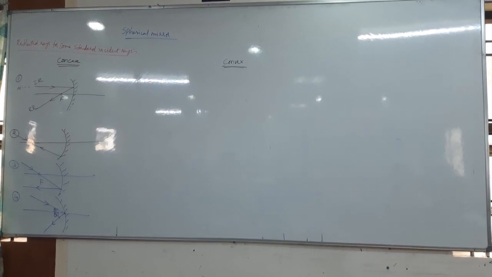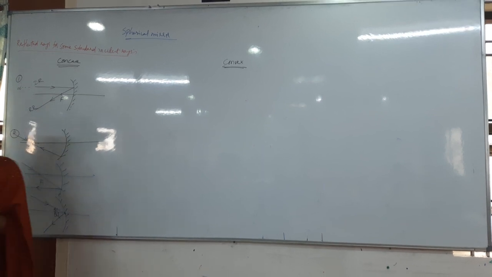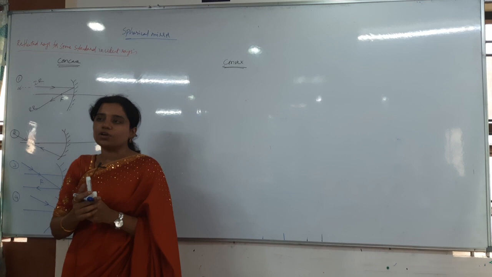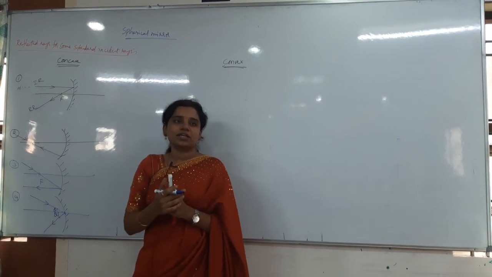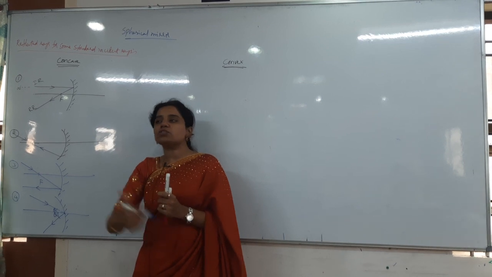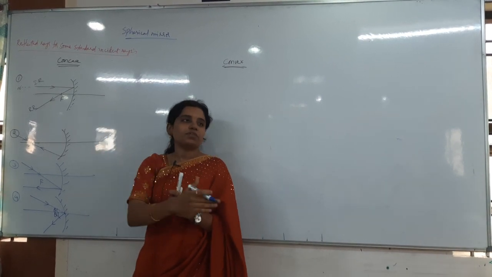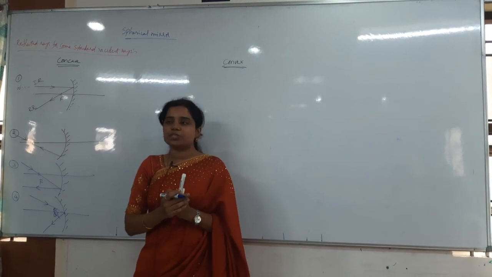For that, how will the reflected rays be? First of all, whenever the ray is incident parallel to the principal axis, it will reflect back through the focus. Whenever the ray is incident through the center of curvature, it will reflect back through the center of curvature only. Whenever the ray passes through the focus and is incident, it will reflect back parallel to the principal axis.